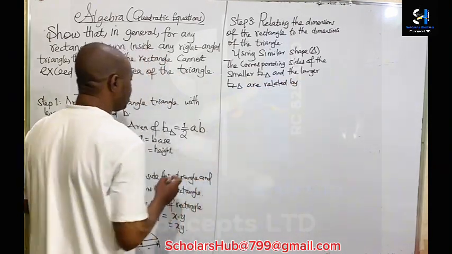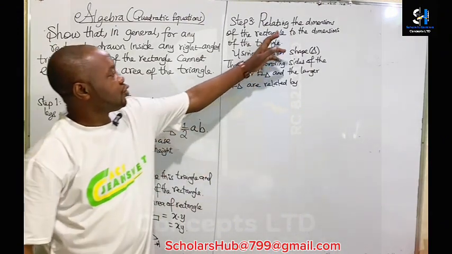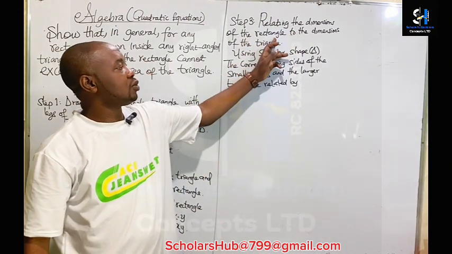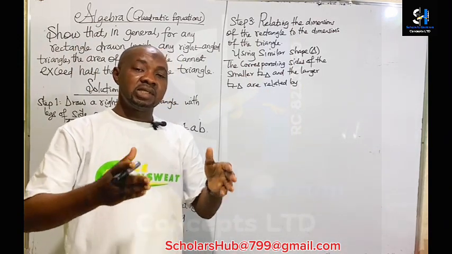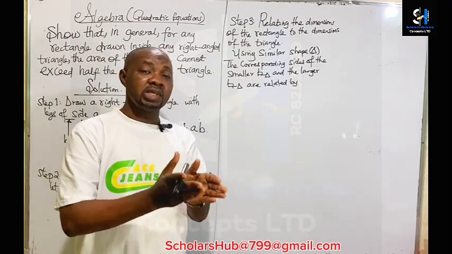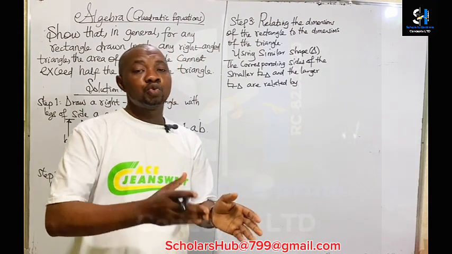What I mean is that we are relating the dimensions of the rectangle to those of the right angle triangle. That means X and Y, the dimensions of the rectangle, will be related to A and B.